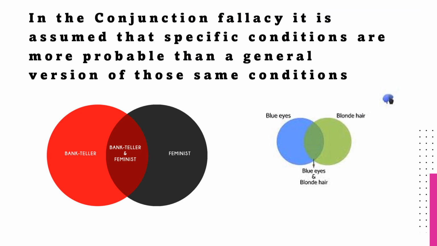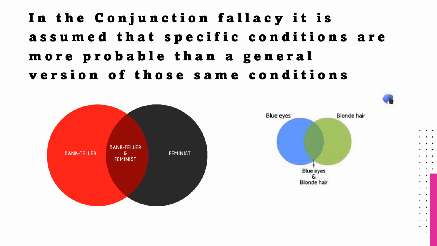So in the conjunction fallacy, people assume that specific conditions are more probable than a general version of those same conditions. To judge that it's more probable that Linda's a bank teller and a feminist cannot be correct, because the idea of being a bank teller is broader than the idea of being a bank teller and a feminist, because those are two specific conditions which must apply.